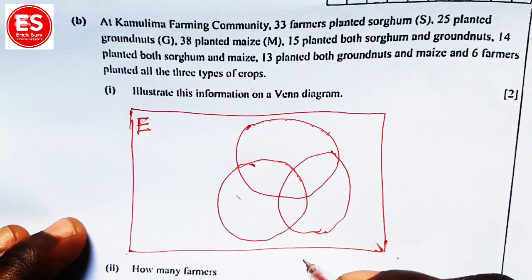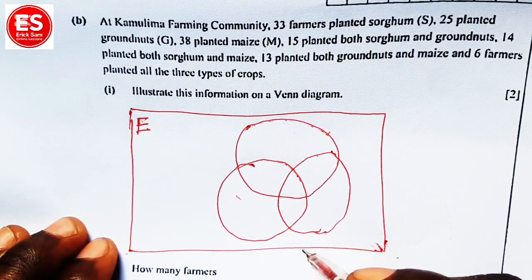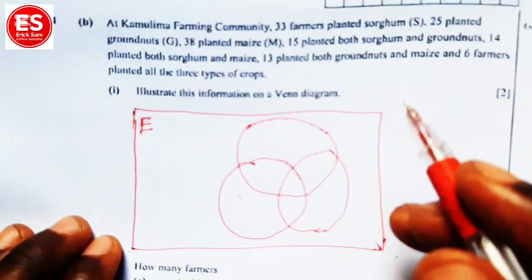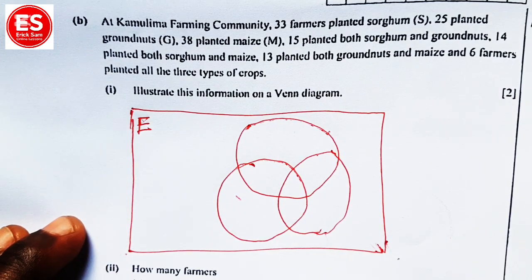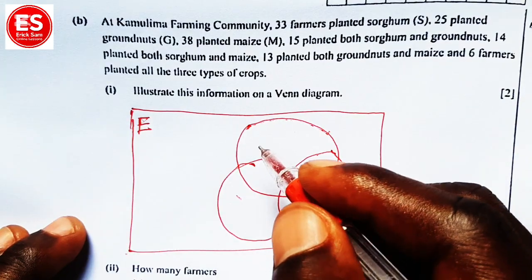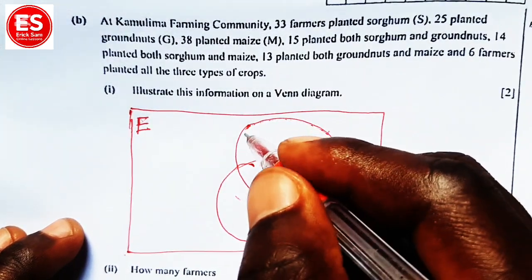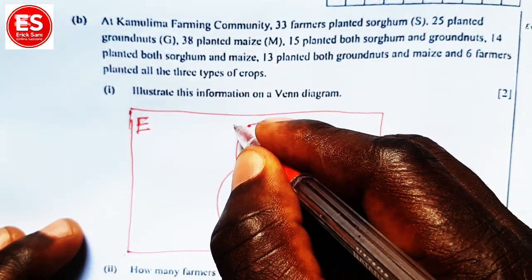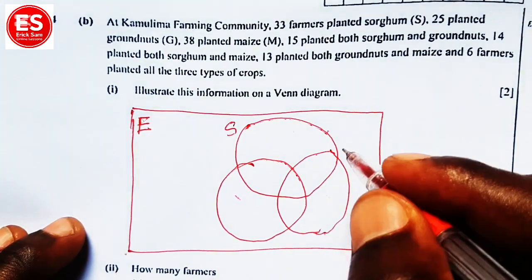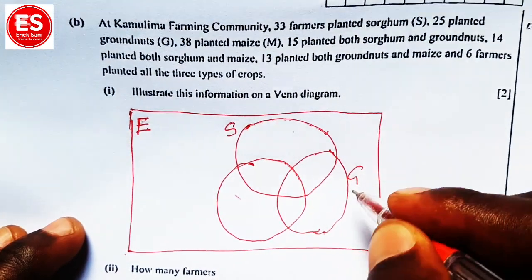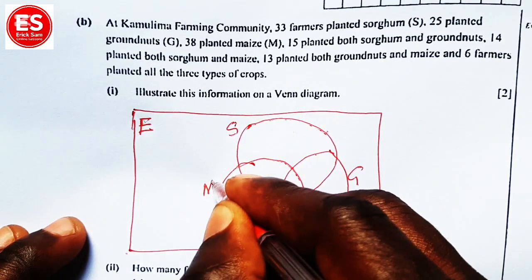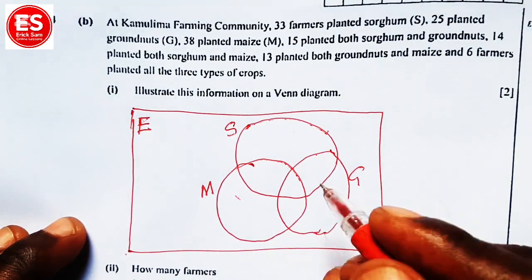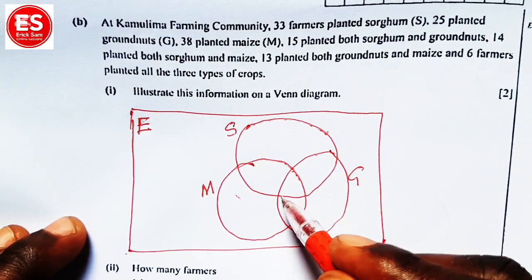Where it says all the 3 types, all the 6 farmers planted all the 3 types of crops. Let's imagine we have sorghum, the initial is S. Then we have groundnut G. Then we have maize M. Where they are meeting, all the 3 sets, is this part here.